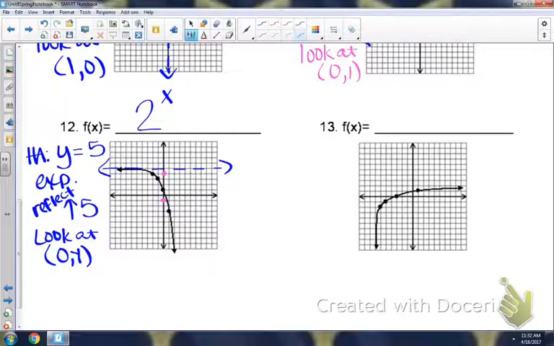So what do we need to do to that point in order to get to the next one? So you would have to go left 2. So we're reflecting, so that's the negative because it's decreasing from left to right. We're going left 2, which would be x plus 2 in the exponent, and then up 5 would be a plus 5.